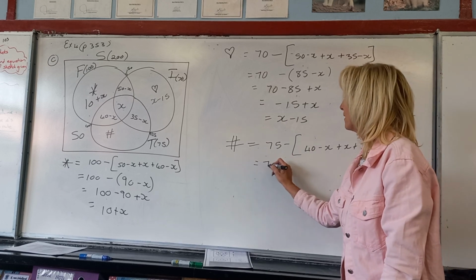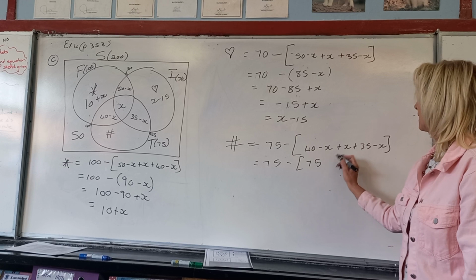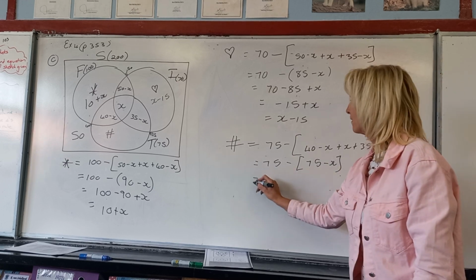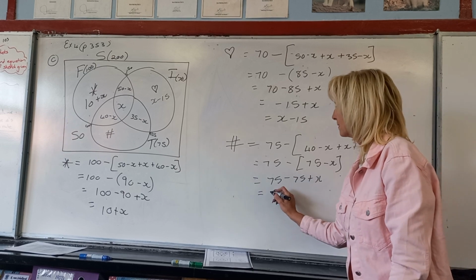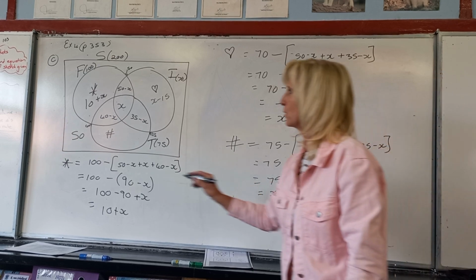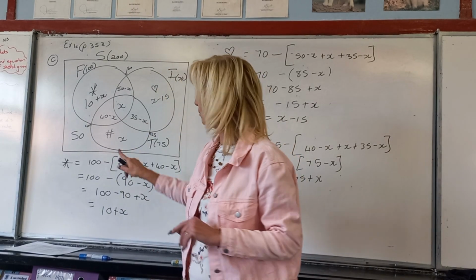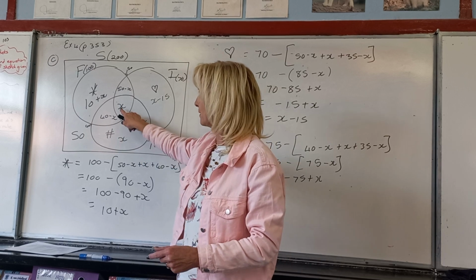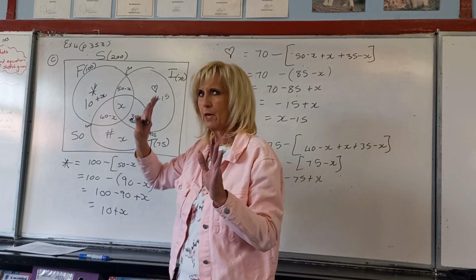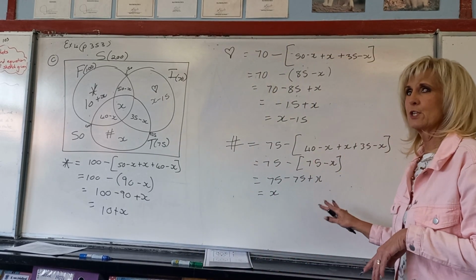So it's 75, and minus x. And the answer is just x. So it's just by accident that whatever x is, if x works out to be 22, then this will be 22 and that will be 22 as well. No other reason. Are you with me? Yes, ma'am. All right, so that's everything in terms of the x's.